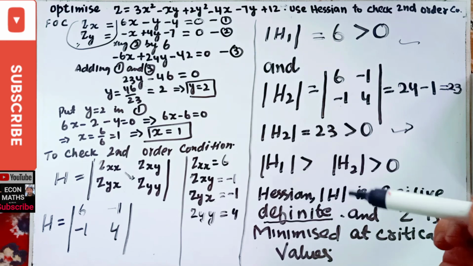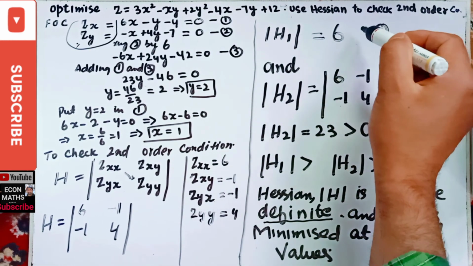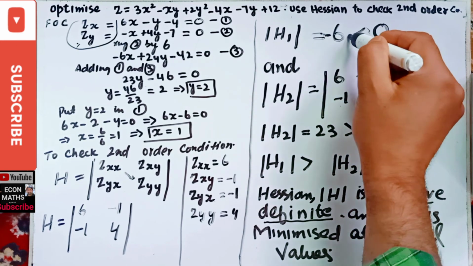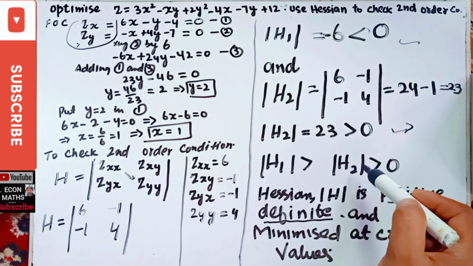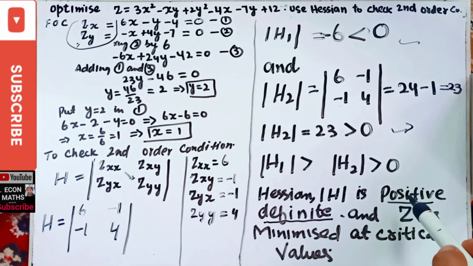Now suppose this H1 was less than 0, let us say it was minus 6, and H2 was greater than 0, at that time we could have said that the Hessian is negative definite and Z is maximized at critical values.